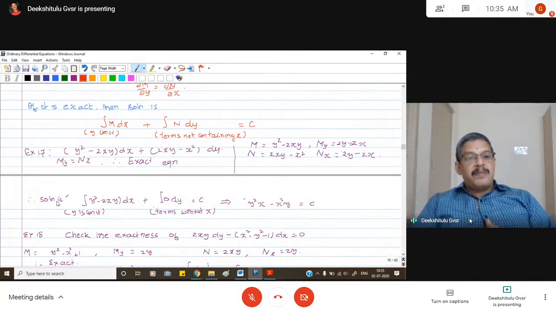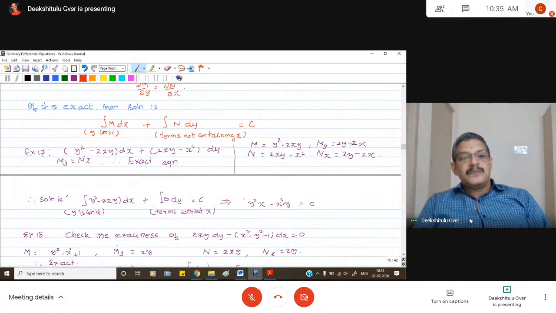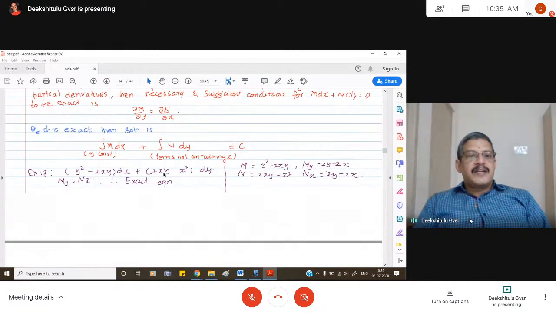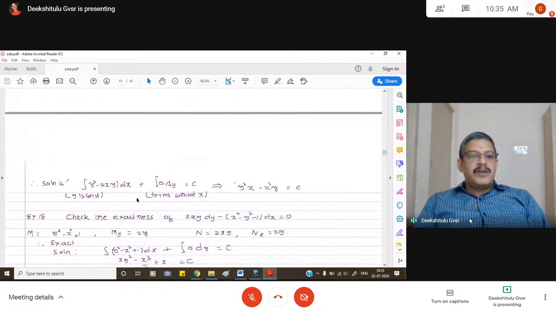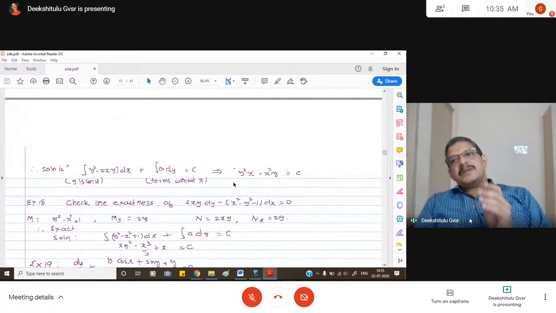Maybe the problem may be: the given equation (y² plus 2x) dx plus (2x minus x²) dy, if it is exact, what is the solution? So it is given as exact. You need not verify the condition for exactness. What I have to do is then find a solution. So the same problem can be asked in three different ways.